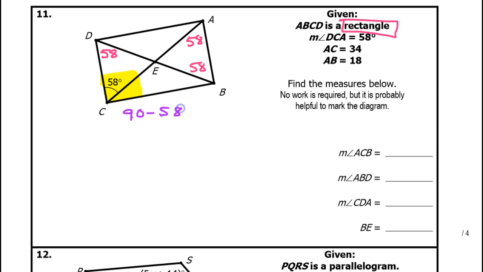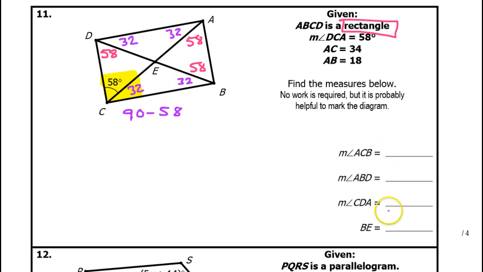So if I do 90 minus 58, that's going to be 32. So they add up to 90, so it has to be 32. And it's going to be the same situation in every corner. So whether you think of the rest of this as symmetry, where everything is being reflected, or if you think to yourself they all have to add up to 90, so it has to be 32 all the way around. Either way, we will get the rest of these angles.